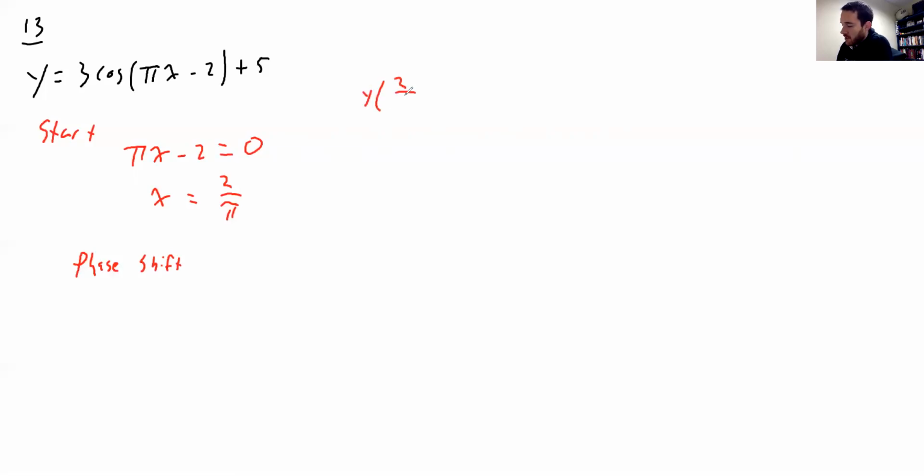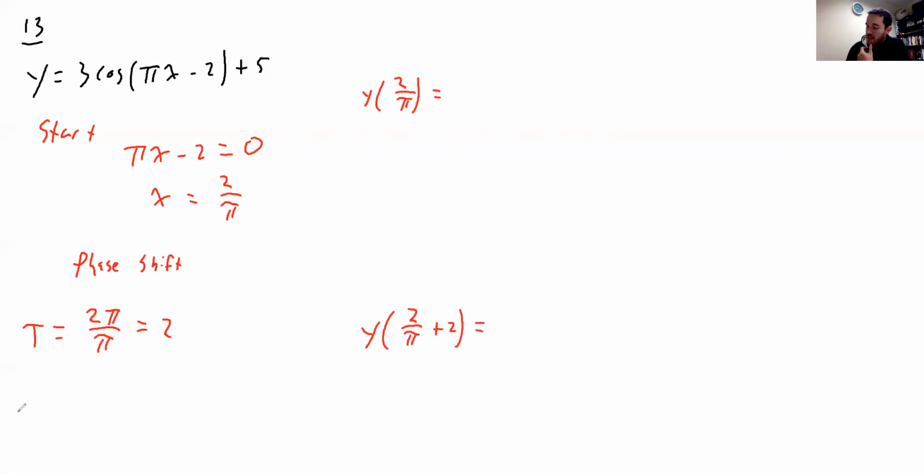So again, we're going to get a bunch of nasty values once again. Your period is 2 pi over omega. So 2 pi over pi, which once again is 2. So we're going to end 2 units beyond where we started. And before I forget, the amplitude is 3, right?